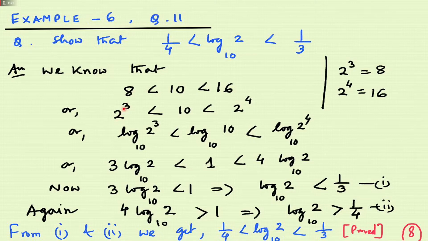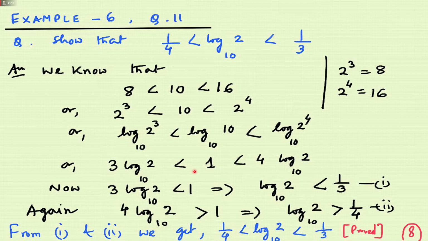Now I am just writing 8 here as 2 cube and 16 here as 2 to the power 4, and I am taking log of these 3 parts with base 10. So I am getting here log 2 cube base 10, which is also less than log 10 base 10, and which is also less than log 2 to the power 4 base 10. Now this will give you 3 log 2, and this is 1 and this is 4 log 2.